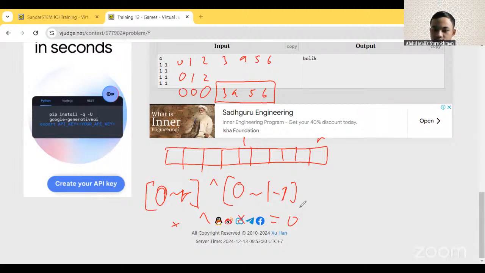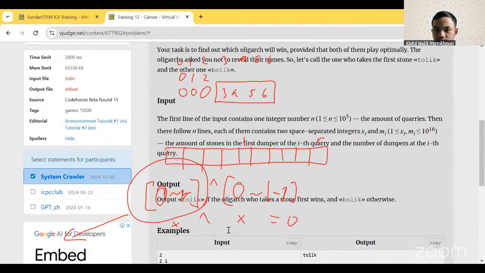All right. After that, how to find the prefix XOR from 0 to R? Do you know how to find it? Yes, precalculate. All right, let's see the constraint.